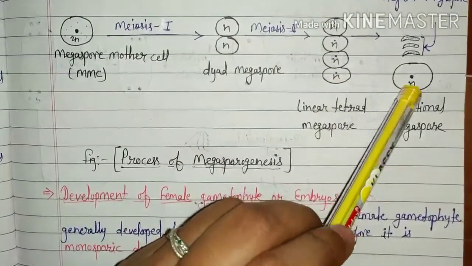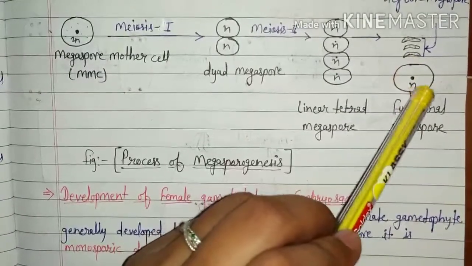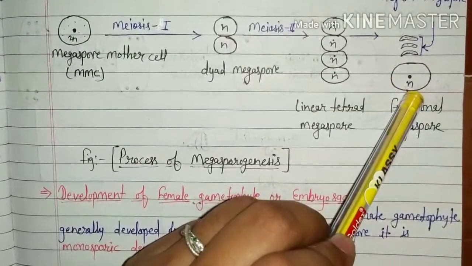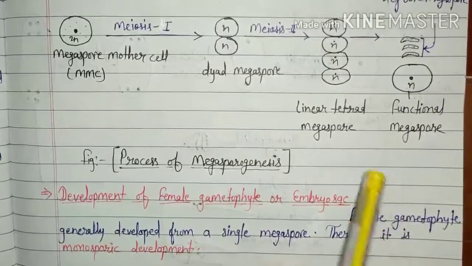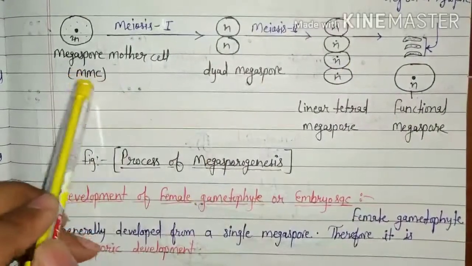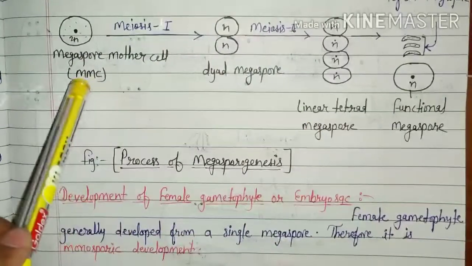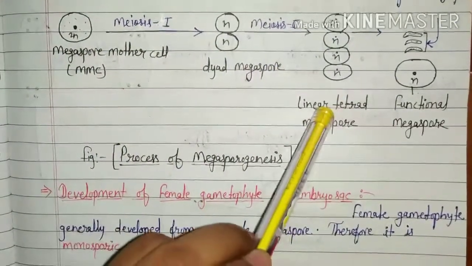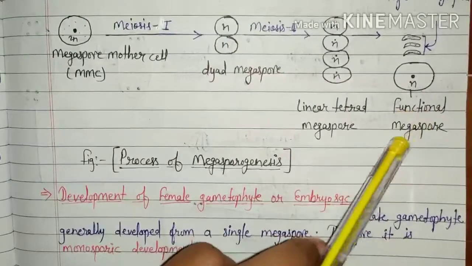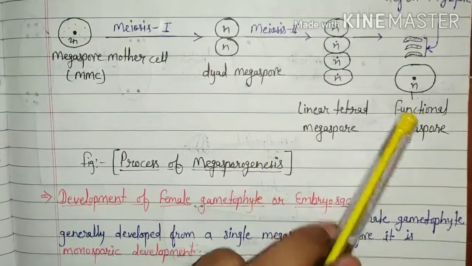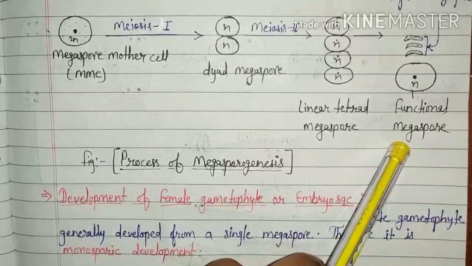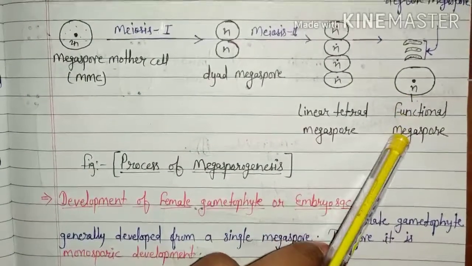Due to this, the size of the functional megaspore is increased. It means one MMC forms 4 megaspores, but one MMC forms only one functional megaspore, which is converted into the female gametophyte. The other 3 degenerate.